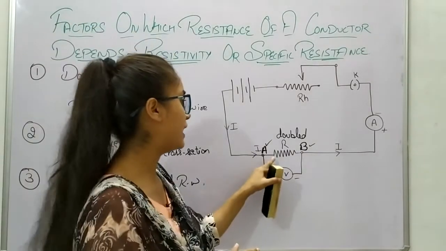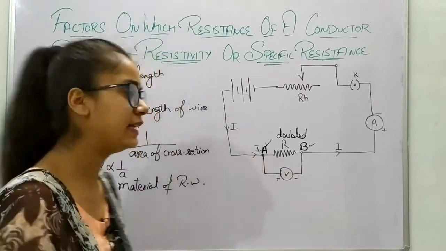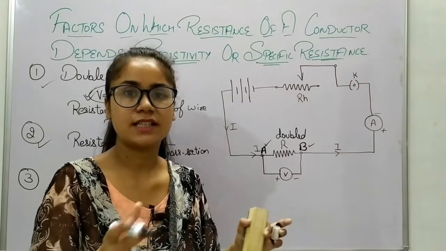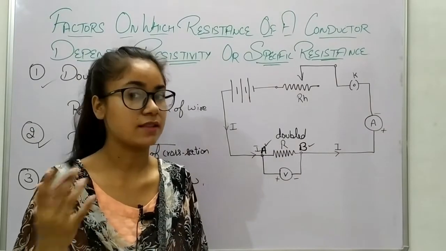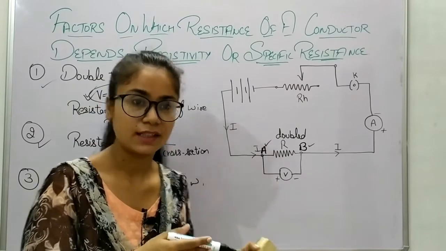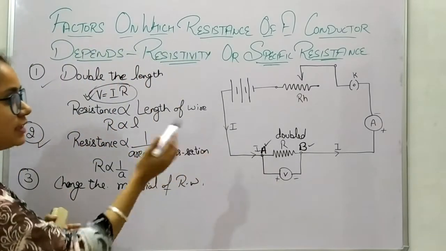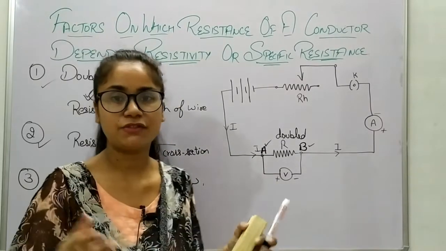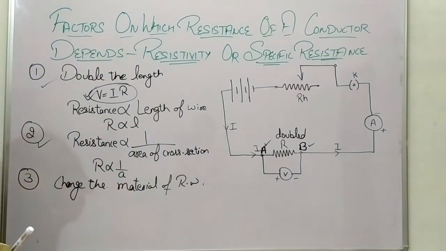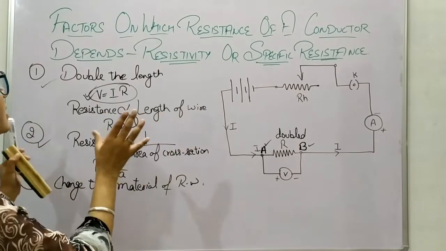Let us assume we had this resistance wire made of copper in the first two conditions. Now we changed it to gold. Well, the resistance of gold is different, the resistance of copper is different. So the resistance of this conductor would be completely different. So these are the factors on which the resistance of a conductor depends.